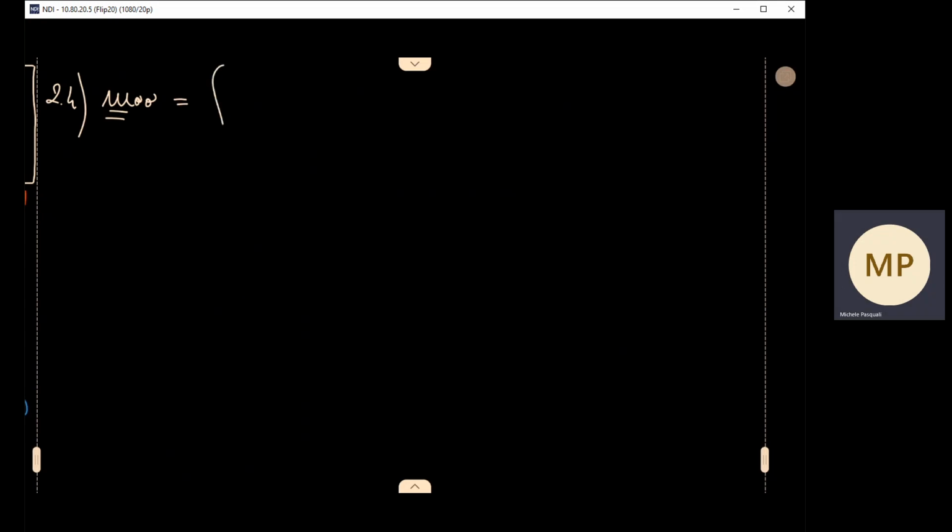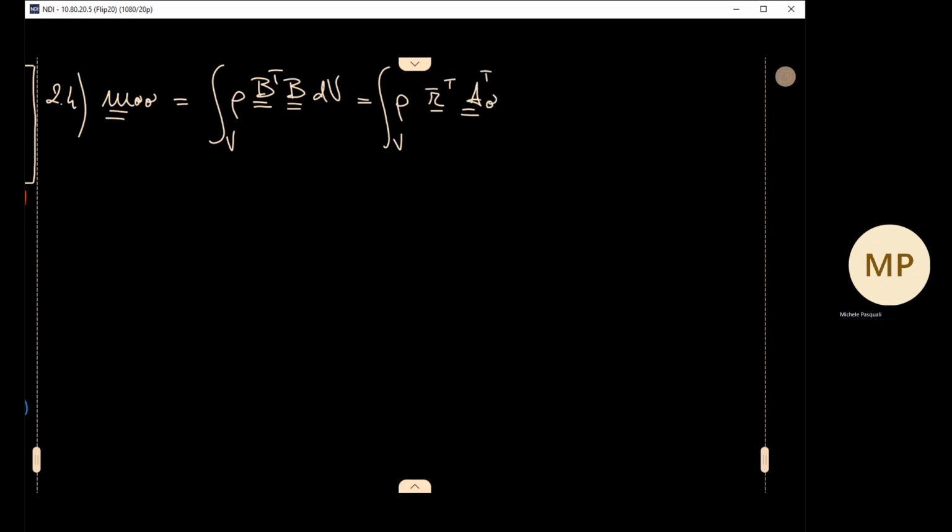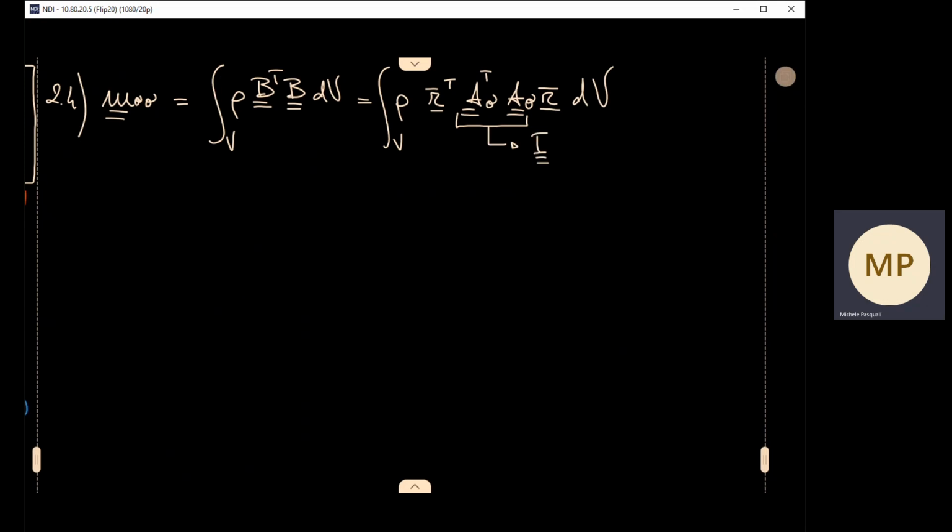Now this, by definition, is rho, B transposed over B. Let's substitute, and then we get rho, R over bar transposed, A theta transposed, applied over A theta applied over R over bar, in the V. Now here, for the orthonormality, the orthogonality of A, this is basically the identity matrix.